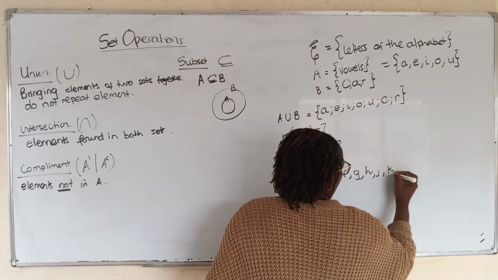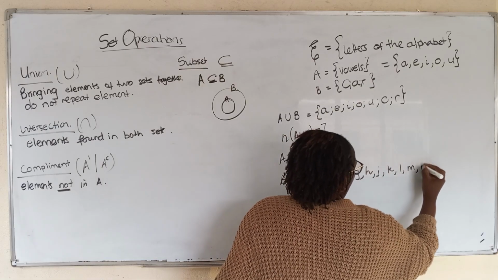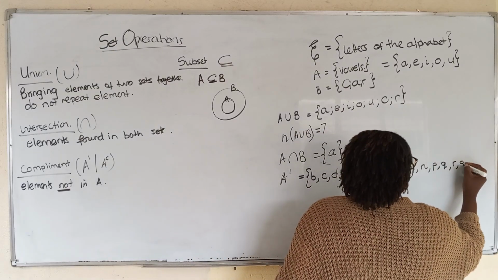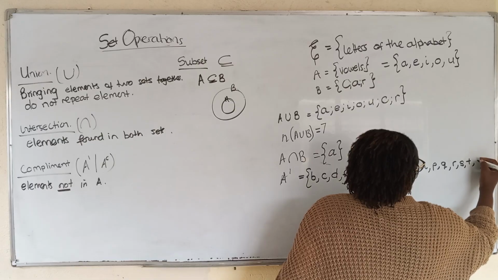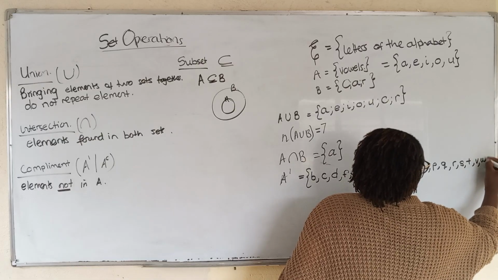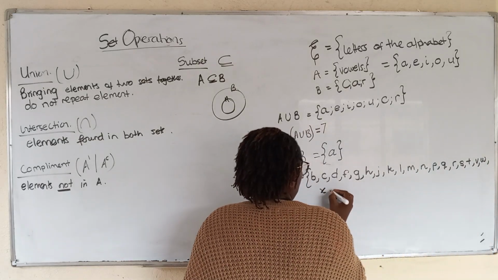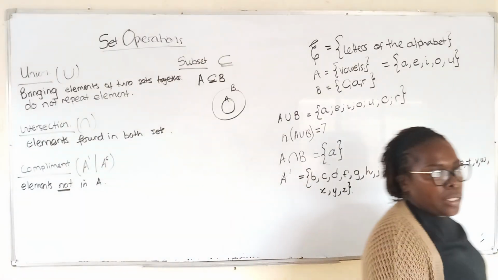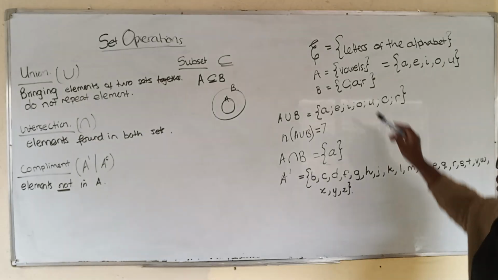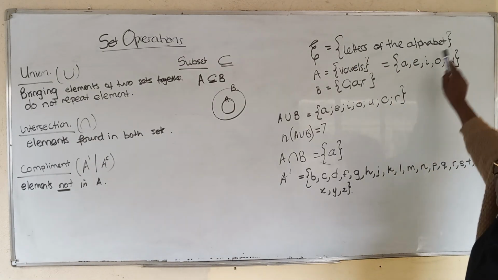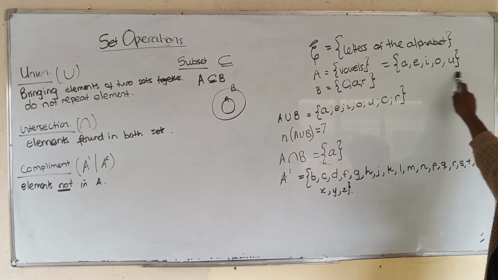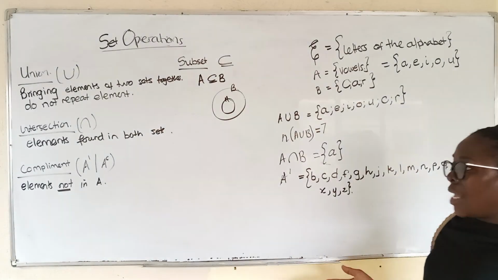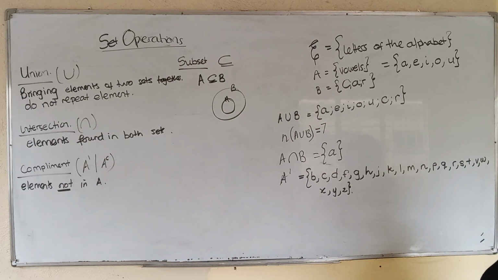J, K, L, M, N, P, Q, R, S, T, V, W, X, Y, and Z. So these are the elements of the complement. We write everything on the letters of the alphabet, but we leave out the vowels because we want the complement, which represents those elements that are not in A but are in the universal set.